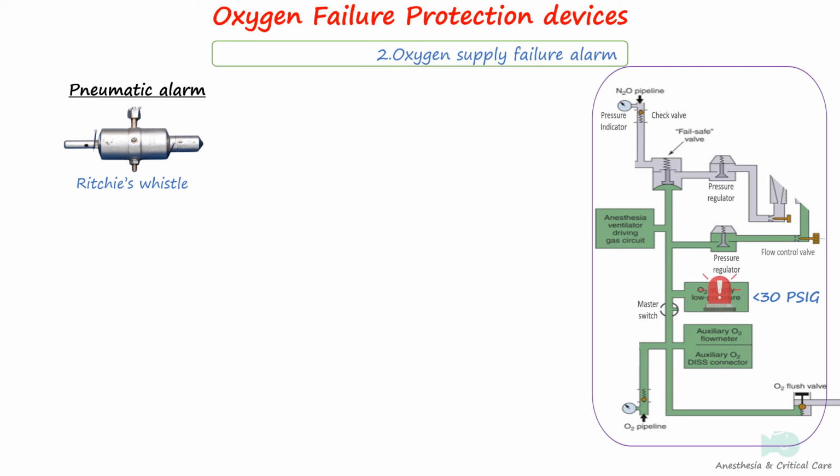When the oxygen pressure falls below a certain value, the alarm directs the stream of oxygen through the whistle. Modern machines employ pressure-operated electric alarms, with Datex Ohmeda triggering at 28 psig and Draeger at 30 to 37 psig.